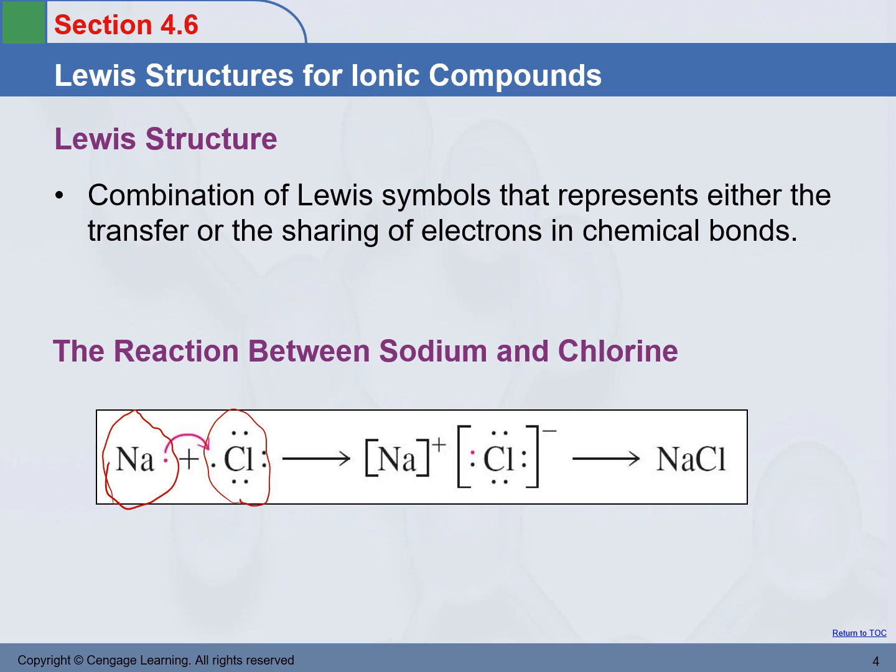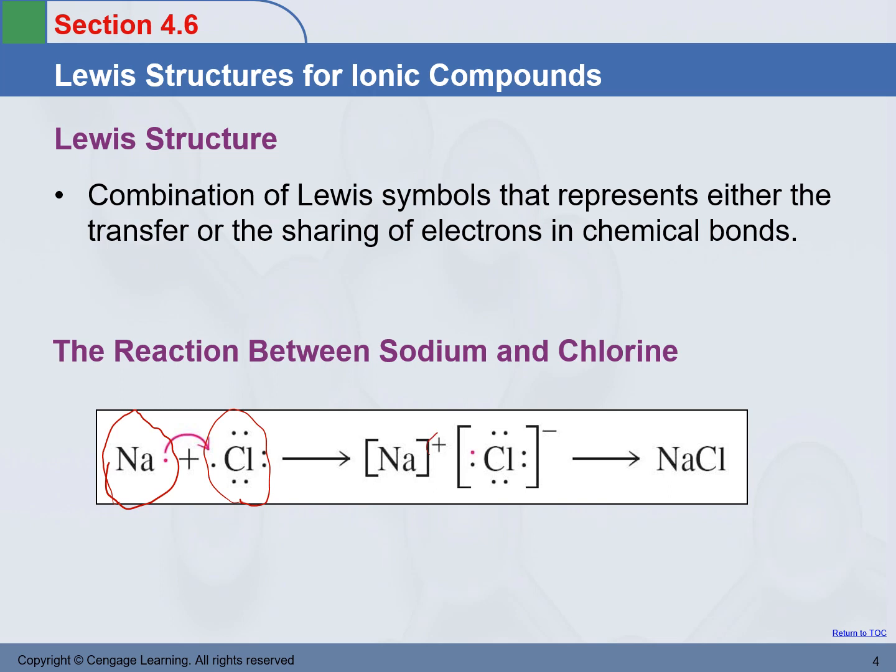When they meet each other, 1 electron transfers from sodium to chlorine. Now sodium, the original electron in the outermost shell, is lost. Once sodium becomes an ion, you put a bracket outside the sodium and you don't put any electron dots around it, because the original valence electron, only 1, is lost.